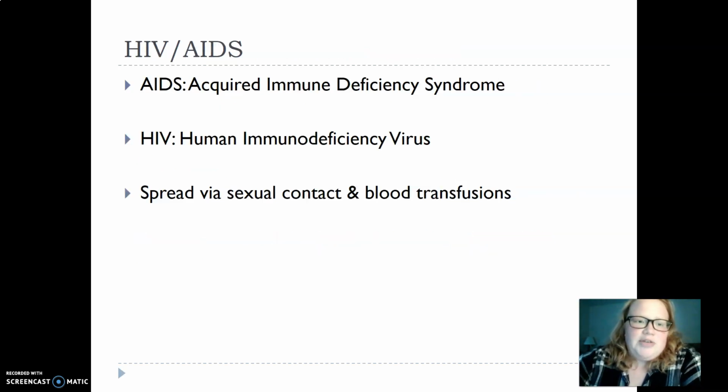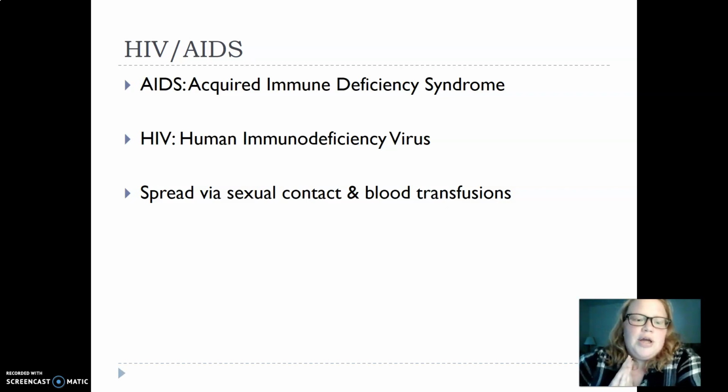Okay, we're starting with HIV. So HIV is the human immunodeficiency virus. HIV itself is the virus. AIDS is the syndrome. So you can be HIV positive and not be showing the signs of AIDS. That's that distinction.